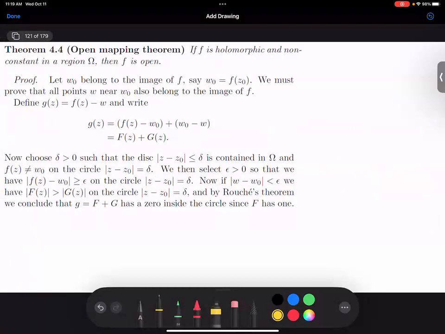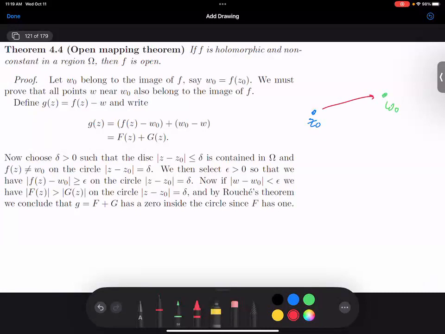So, all right. If f is holomorphic and non-constant in a region, then f is open. What we want to show is that, let's say we start off with my point z sub naught, and it's going to be mapped to some point omega naught.